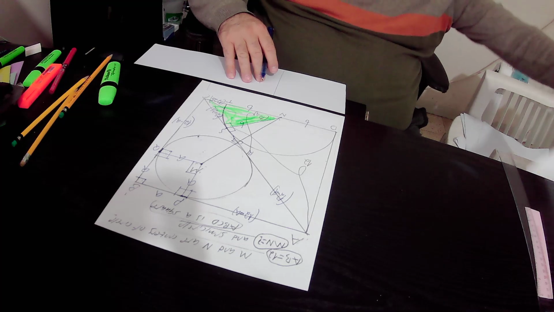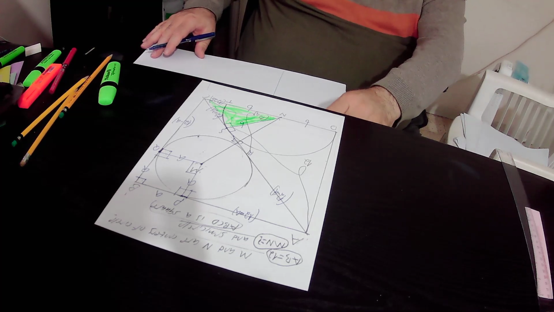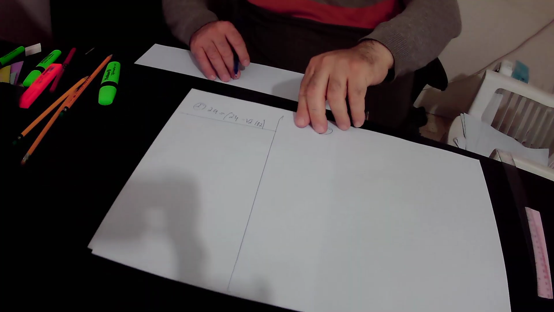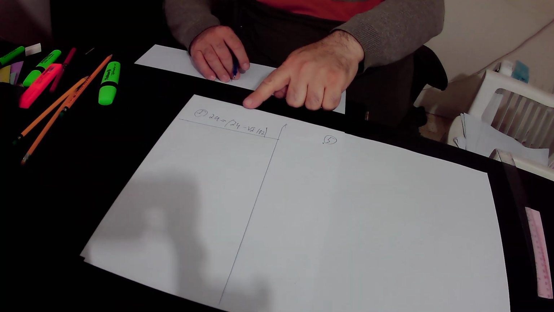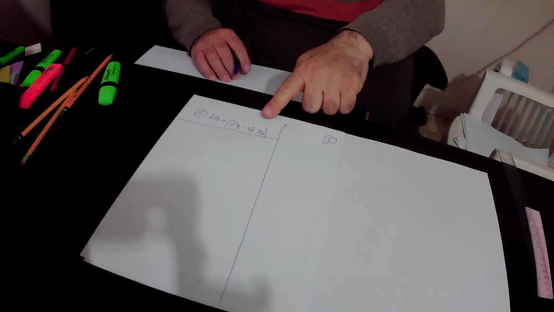I will repeat again. We found out that 2A equals 24 minus the square root of 2 times 12.